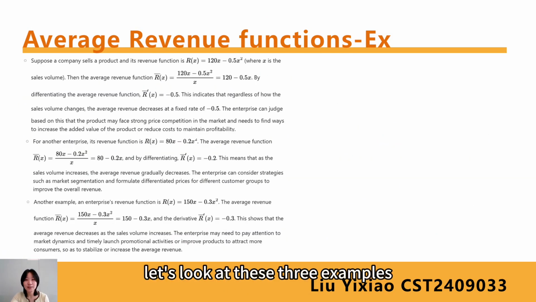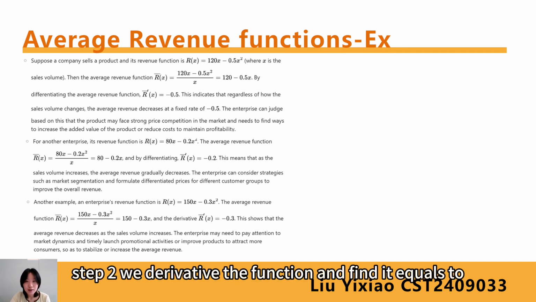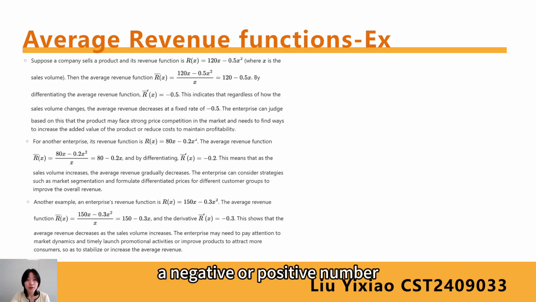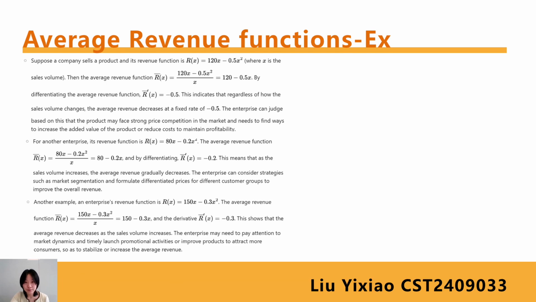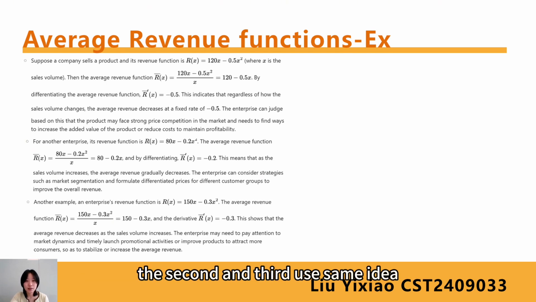Let's look at these three examples. Step 1, get the average revenue function. Step 2, we differentiate the function and find it equals a negative or positive number. So the average revenue is decreasing or increasing. The second and the third use the same idea.